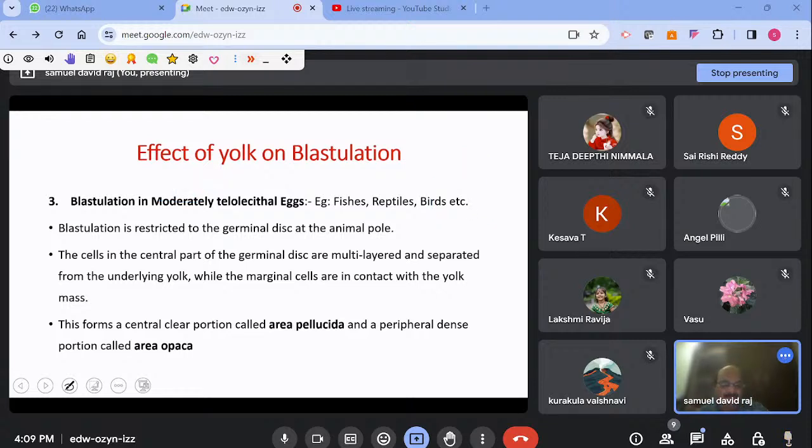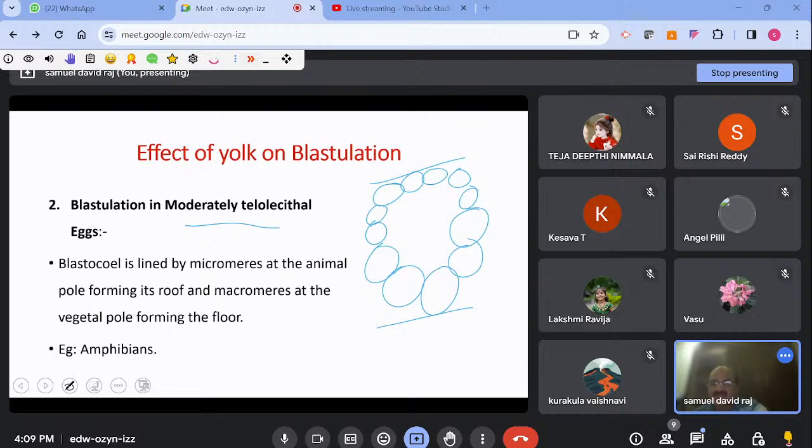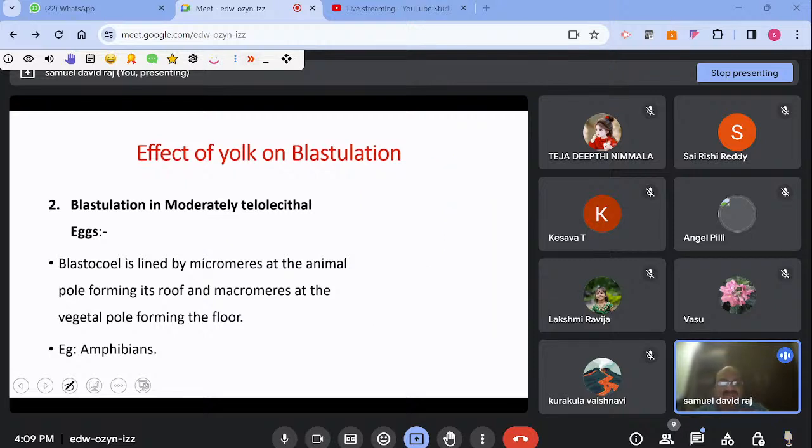And here what happens actually is, listen carefully, I will take this space. So, this is the egg with yolk. This entire thing is filled with yolk. Okay.